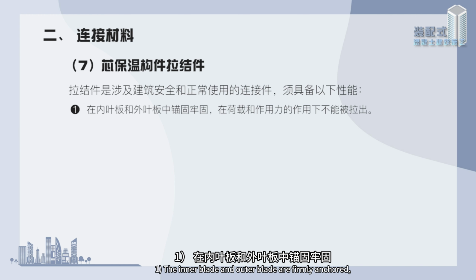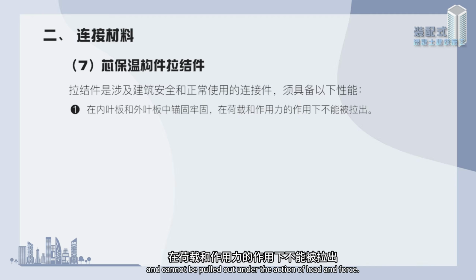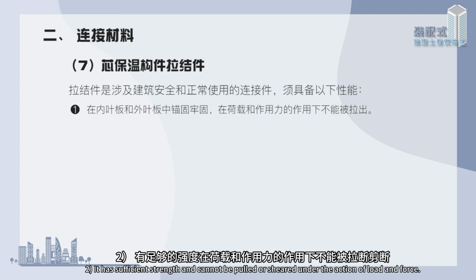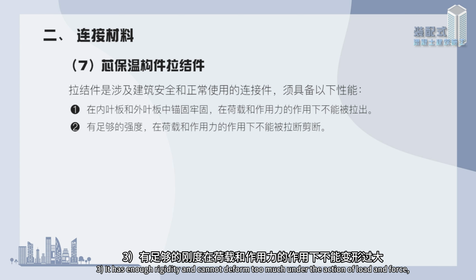1. The inner blade and the outer blade are firmly anchored and cannot be pulled out under the action of load and force. 2. It has sufficient strength and cannot be pulled or sheared under the action of load and force. 3.